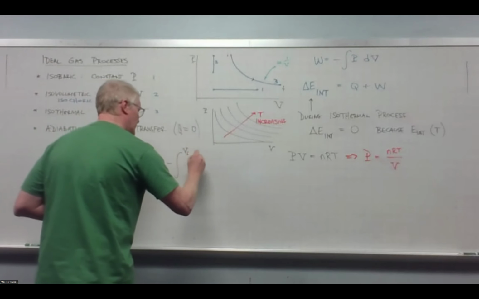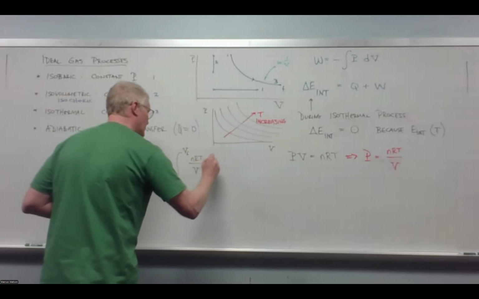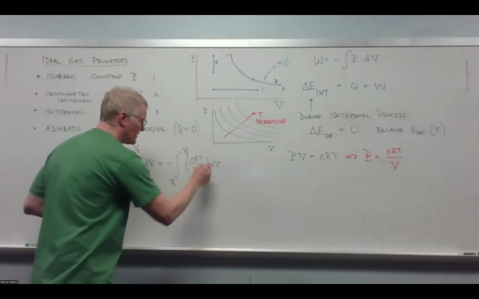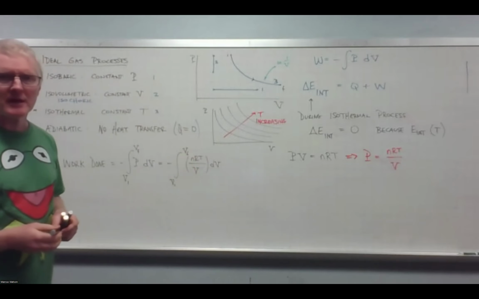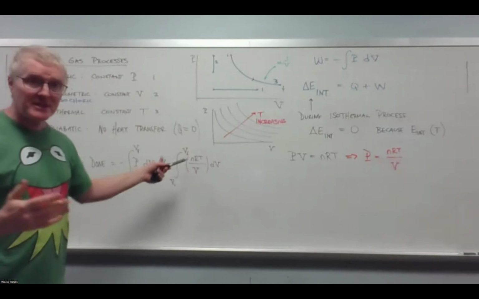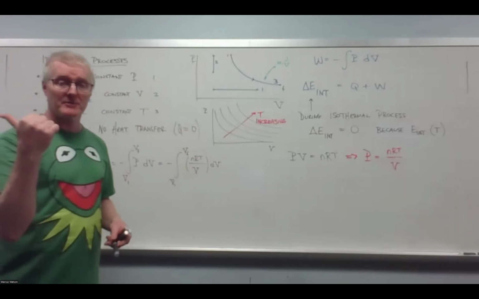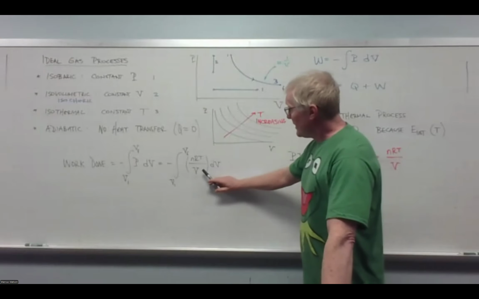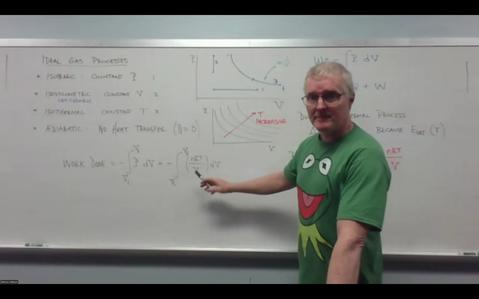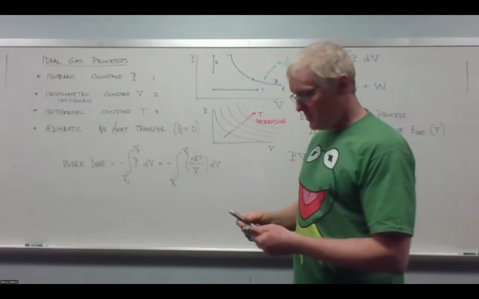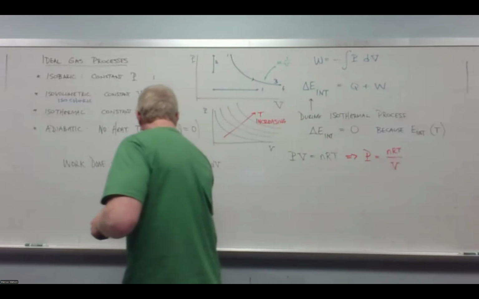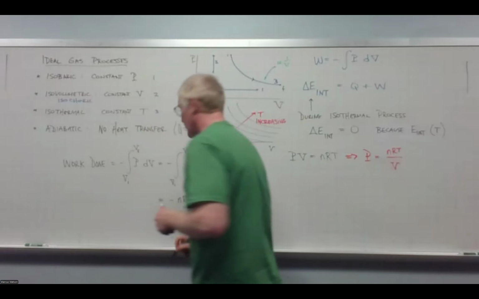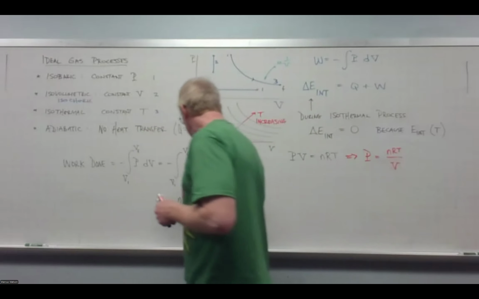If I just put in the pressure here, I'll have nRT over V. The nRT we already know is constant. That can get pulled out of the front of the integration. I'm going to integrate dV over V. And as you probably already know, that would give you the log.